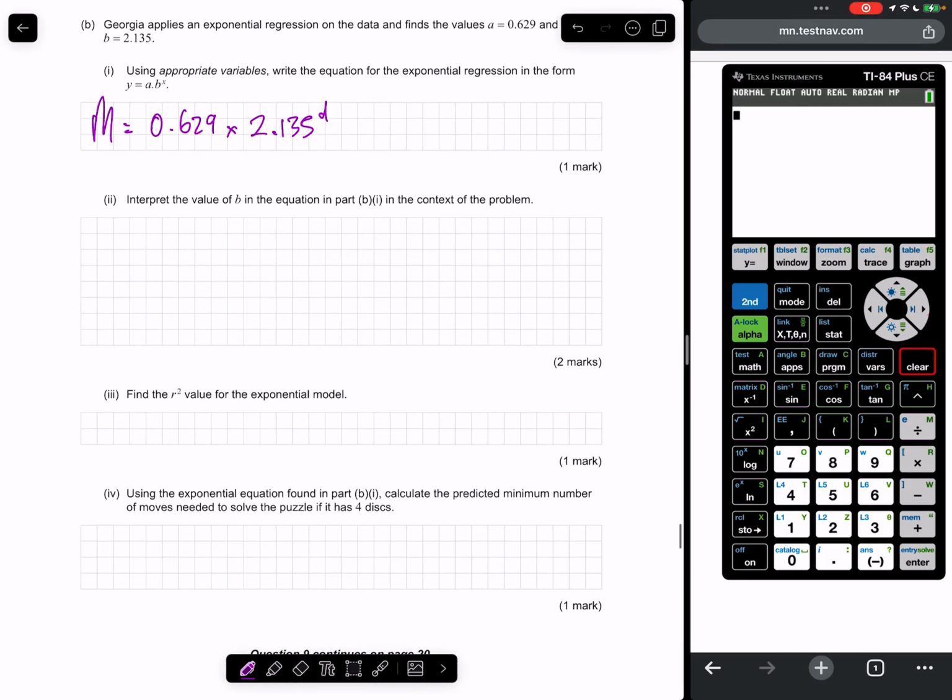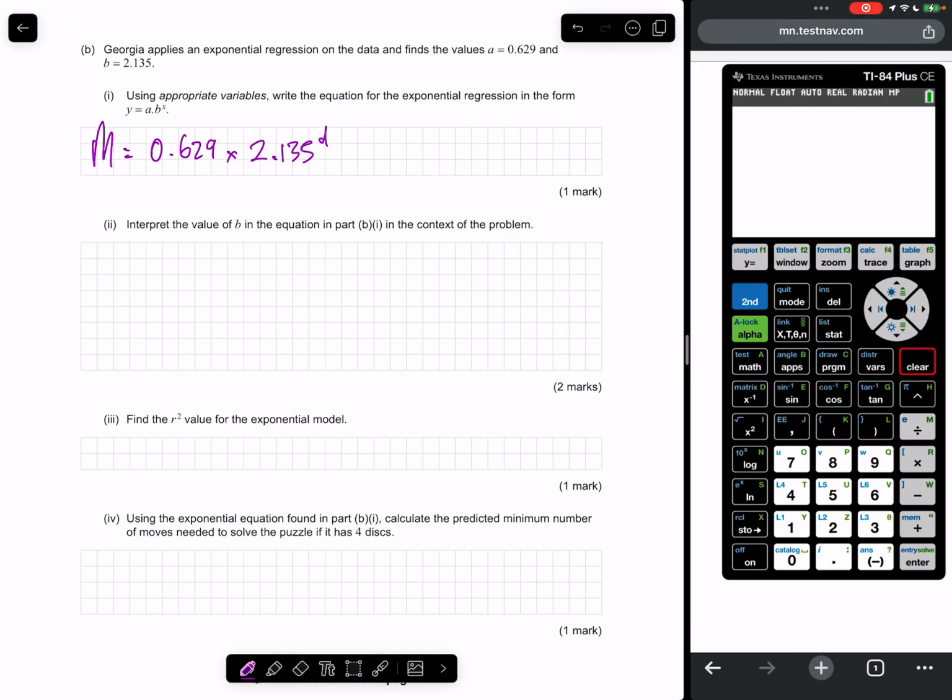Interpret the value of b in the equation in part B1 in the context of the problem. Well, 2.135 take 1 is equal to 1.135, which is therefore 113.5%.